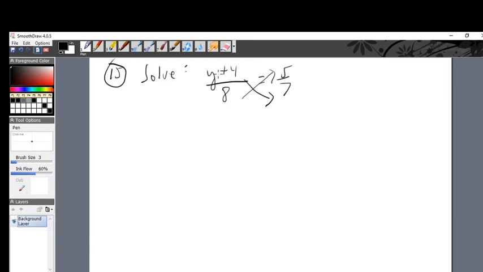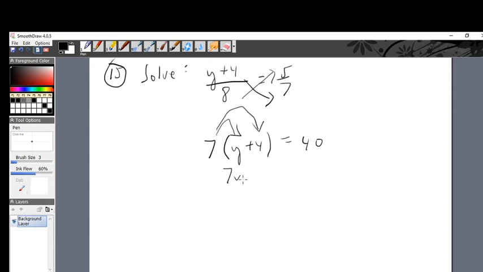So the top on the left times the bottom on the right. Don't put the 7 to the right. Keep it in front. 7 times y plus 4. That's that multiplication. And this multiplication, bottom left times top right, 8 times 5 is 40. This becomes, distribute the 7 across the parentheses.